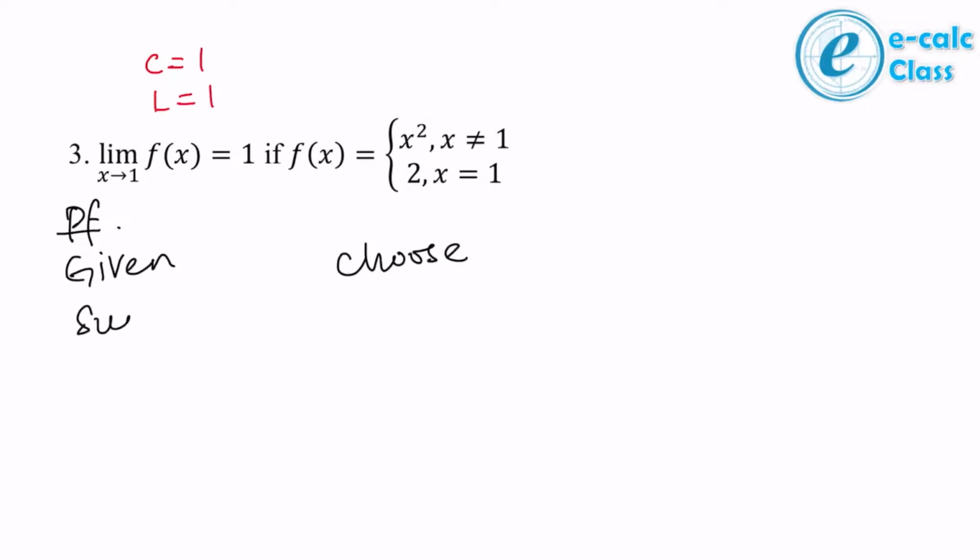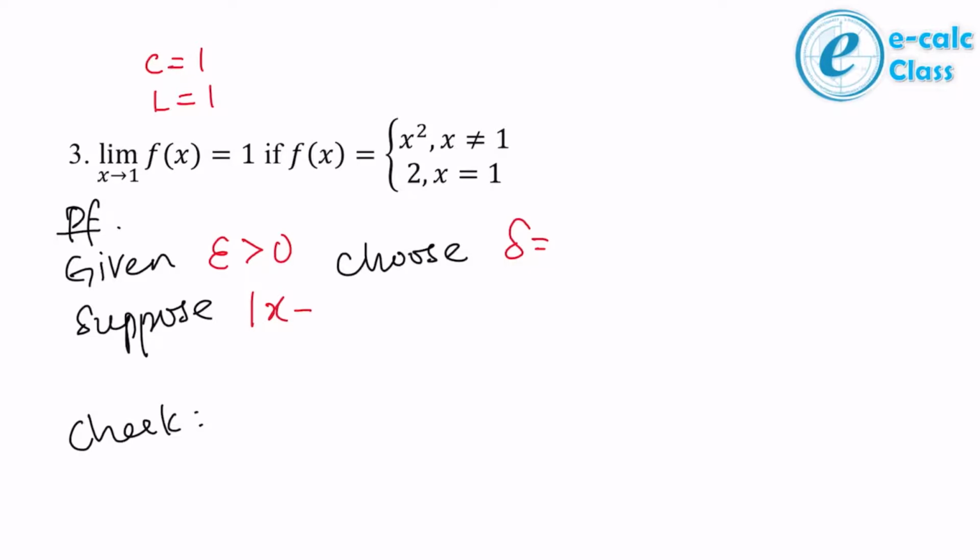Given epsilon greater than 0, choose delta equals to some values. Suppose, remember, always suppose your x, absolute value of x minus c is smaller than delta. Manipulate x minus 1, bring the 1 over, 1 minus delta, 1 plus delta.